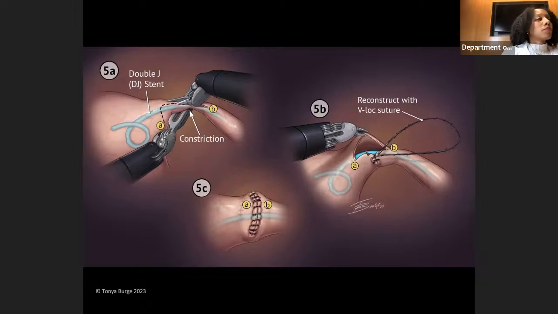Gotcha. So it's ultimately for the prevention of a recurring UPJ obstruction, and it actually aids with the construction of a widened funnel for the UPJ. Gotcha. Thank you, Dr. Krieger.